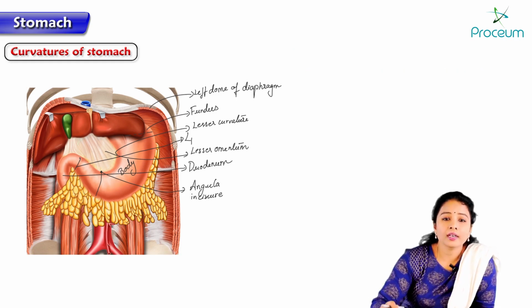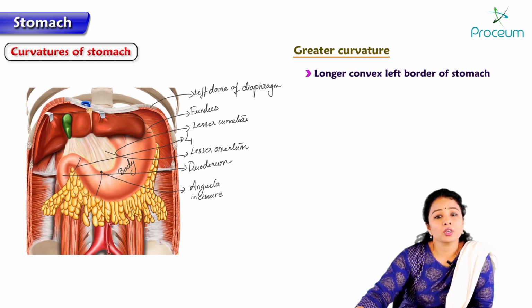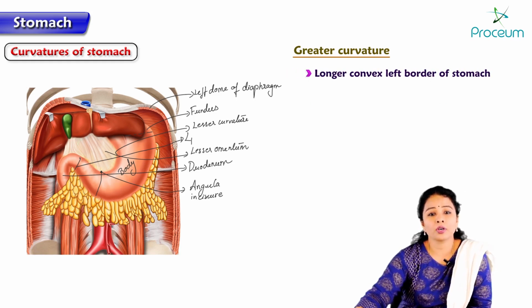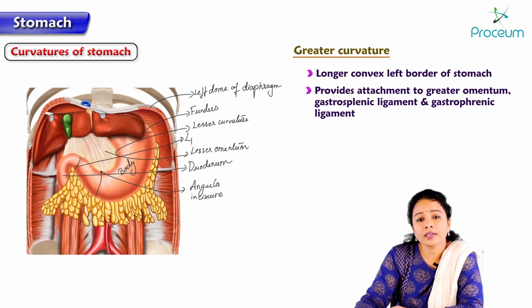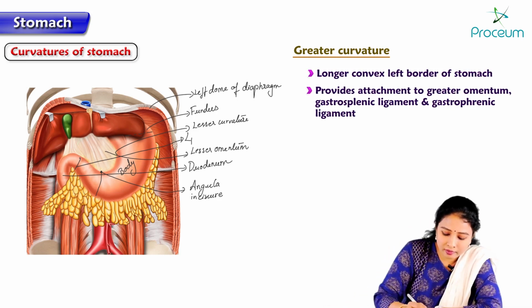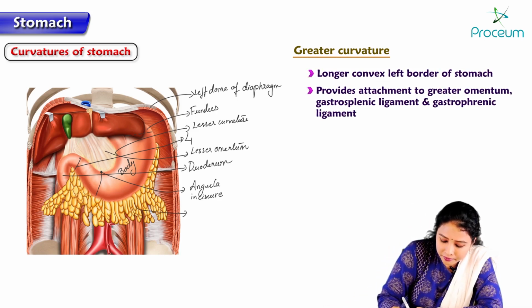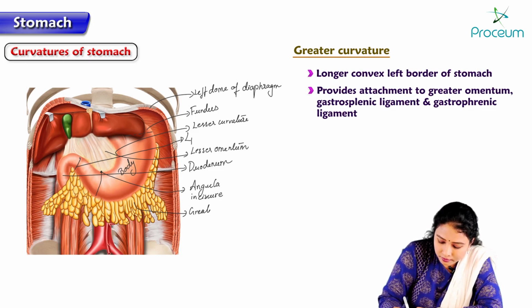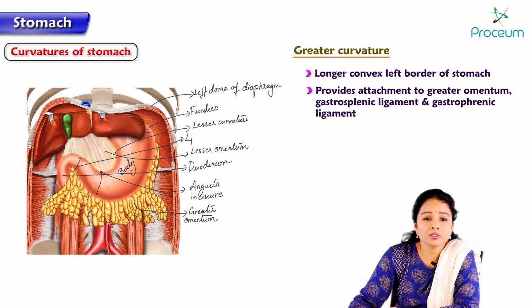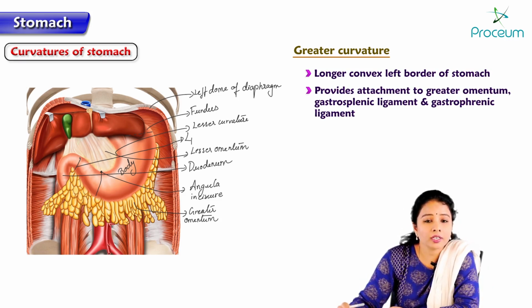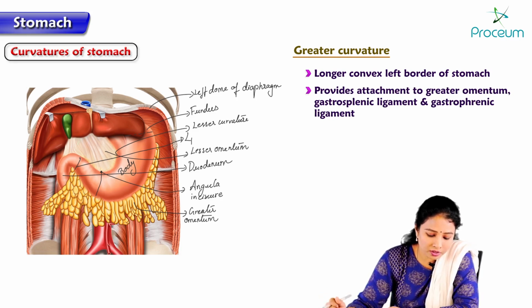Next, regarding the greater curvature, it is the longer convex left border of the stomach and it provides attachment to the greater omentum. So here we can see the greater omentum. The gastrosplenic ligament and gastrophrenic ligament also attach to the greater curvature of the stomach.